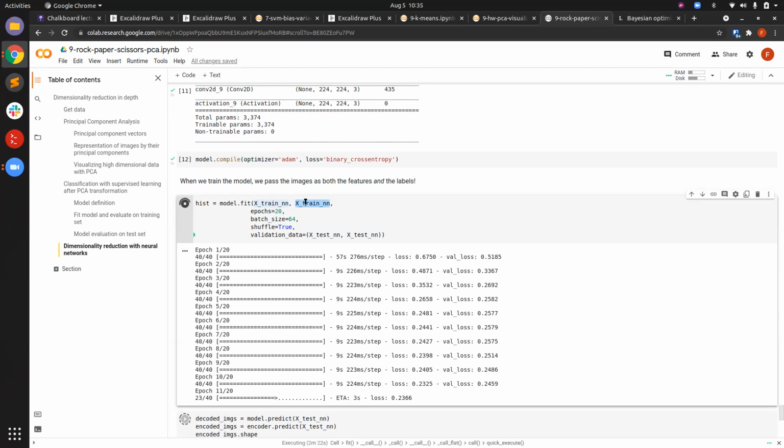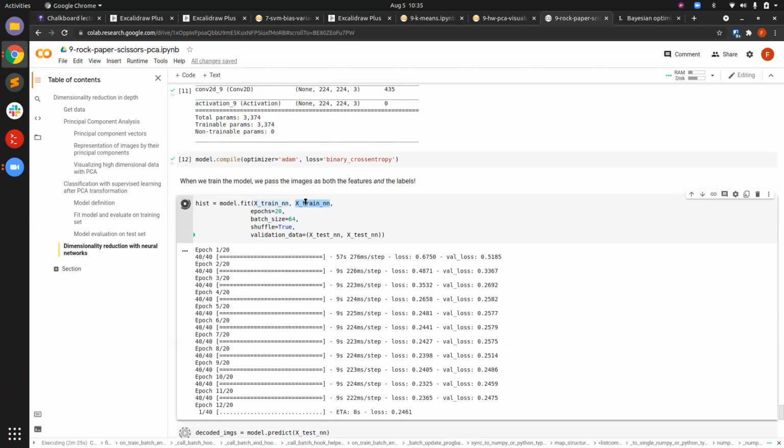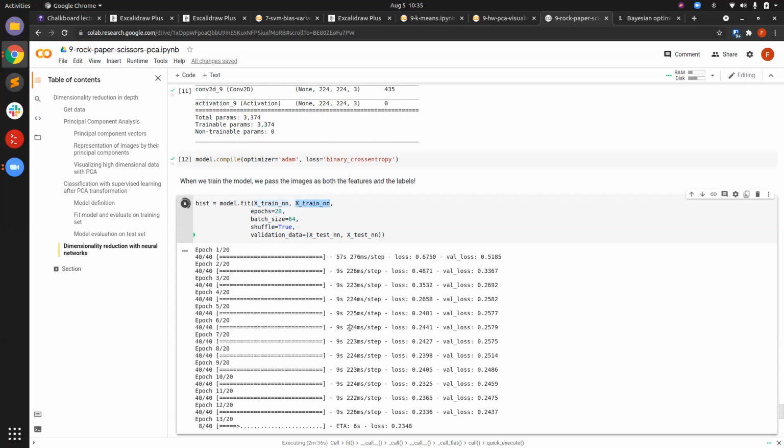Here, the labels are the feature data itself. So we're training this network to kind of learn to reconstruct the original input image as the output. So when we call fit, we pass the feature data and the feature data again. Same deal for the test data.